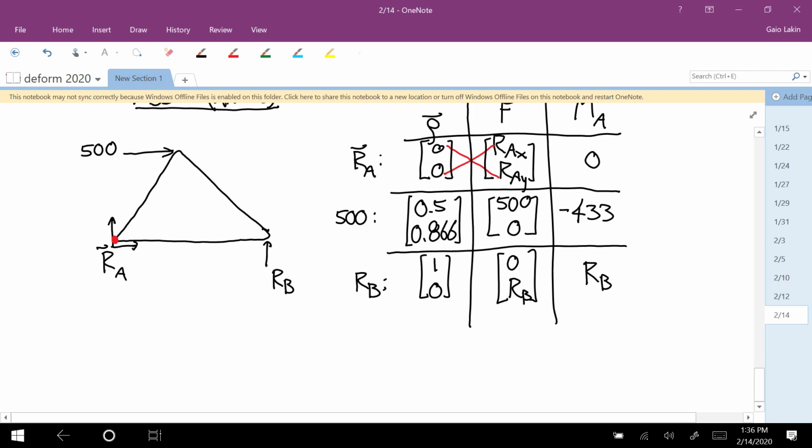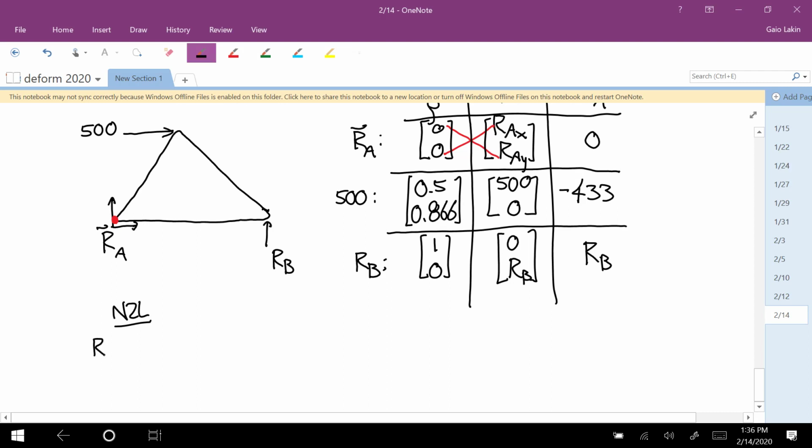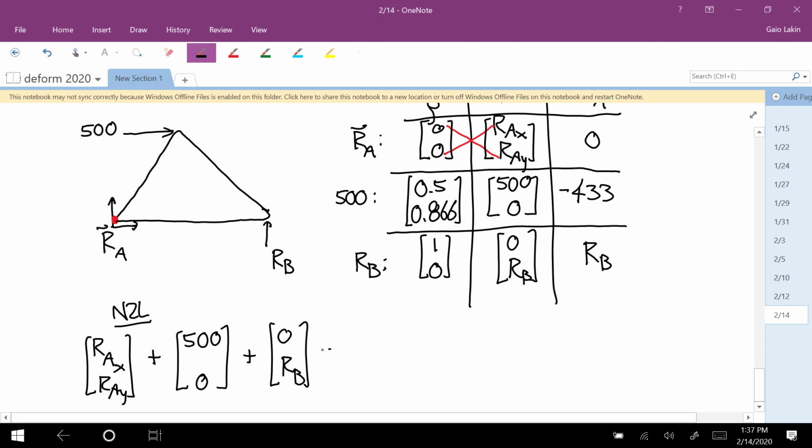And then the moment equation, add those up and set them equal to 0. So Newton's second law says RAX, RAY plus 500, 0 plus 0, RB is equal to zeros.